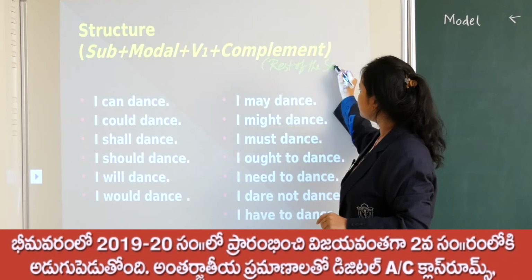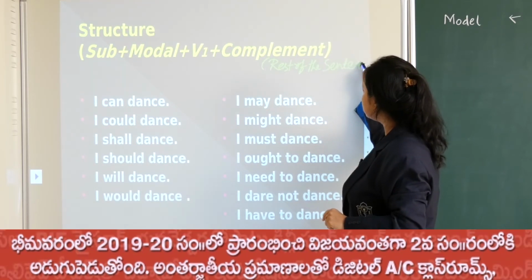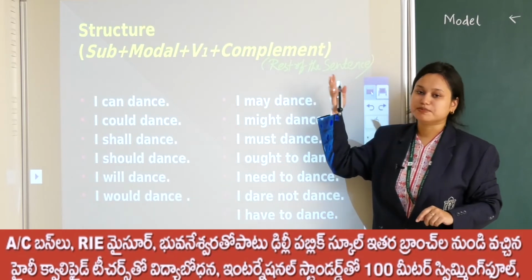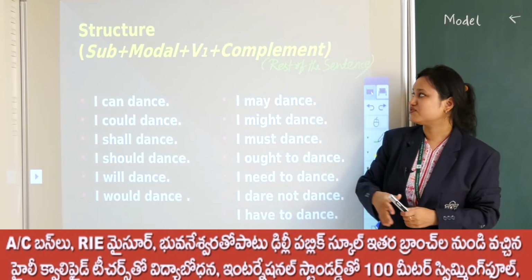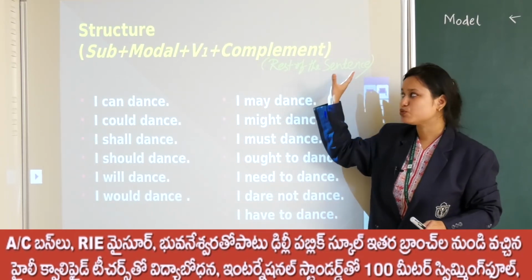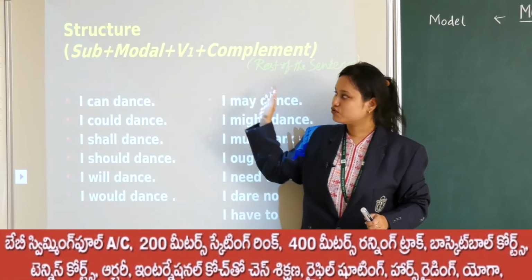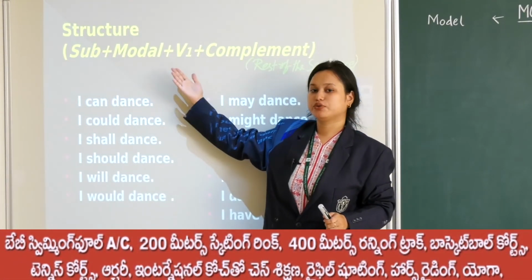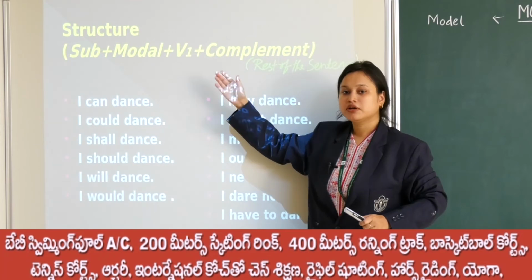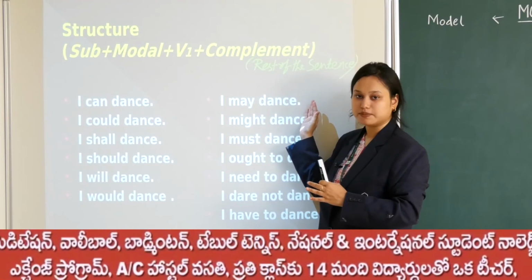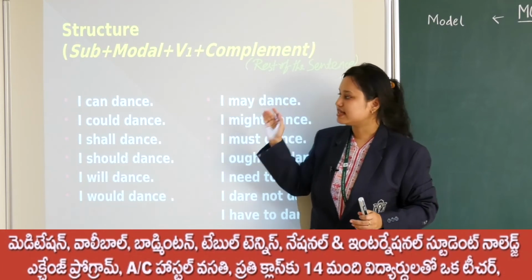This can include the object and other words as well. That's why I am saying complement. Whatever is left out after this is the complement. So we have put the subject, the modal, the verb in its first form, and whatever is left out is the complement, the rest part of the sentence.